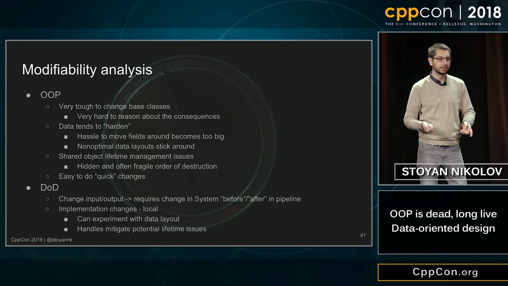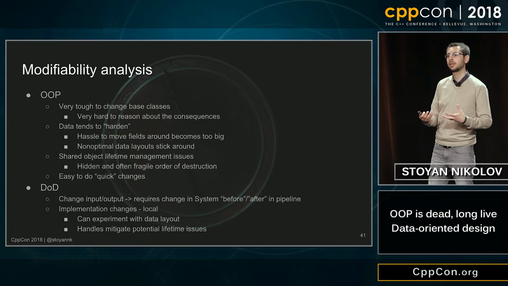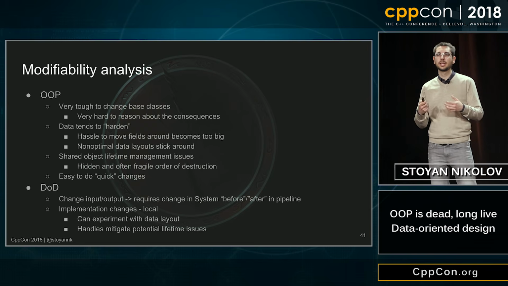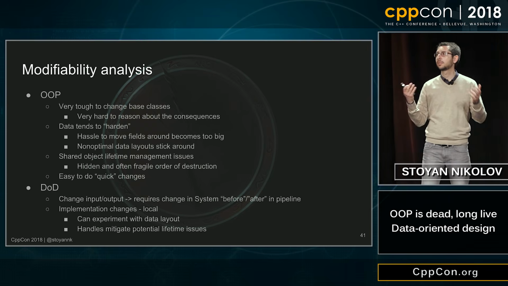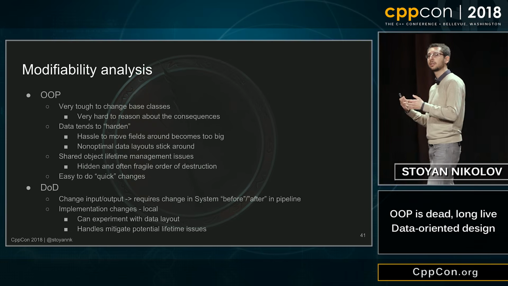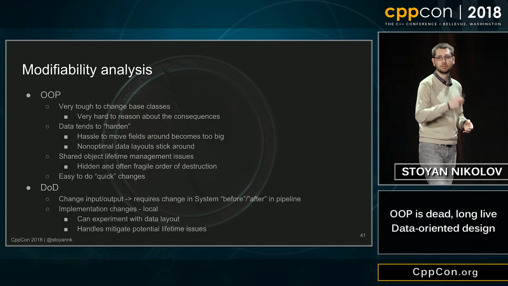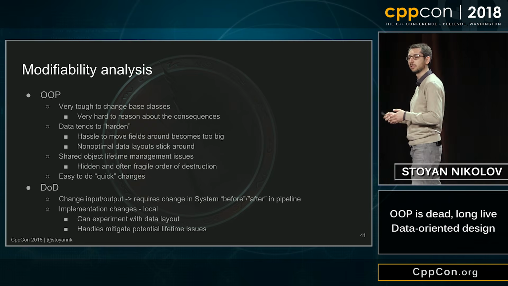However, there is one thing that object-oriented programming excels at, and this is what I call quick modifications. Imagine that we add a new state, like if it's Tuesday, the animation runs twice as fast. With object-oriented programming, it's very easy to do. If Tuesday, do whatever, else do the other thing.